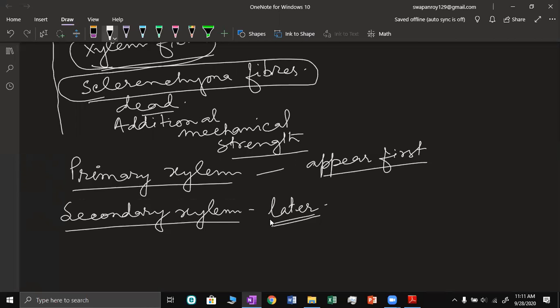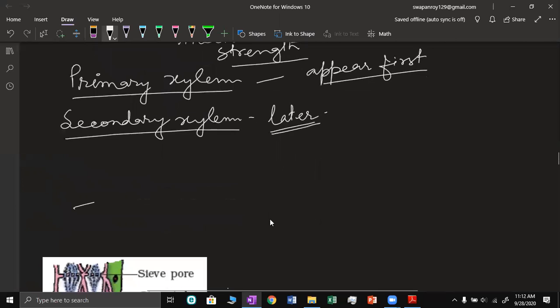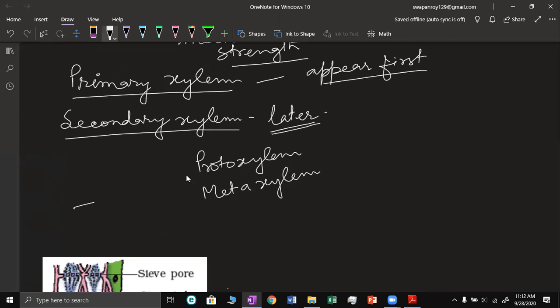Another thing is protoxylem and metaxylem. These are the types of primary xylem.